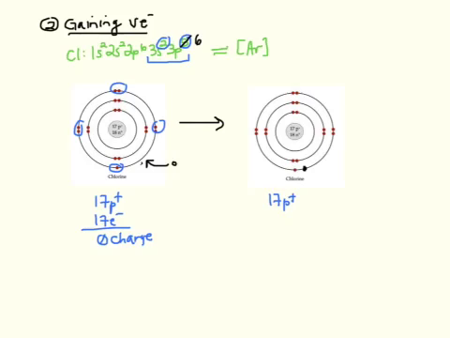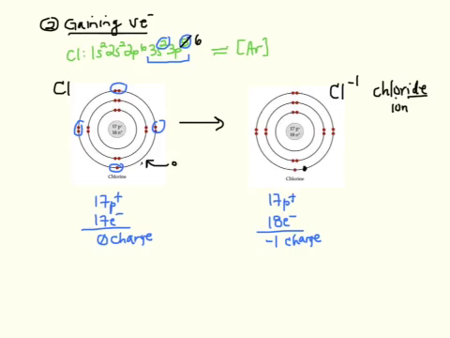Nothing happened to its nucleus. But now it has 18 electrons. And so 17 positives plus 18 negatives ends up giving this thing a -1 charge. And so it has ionized to go from being a chlorine to a chlorine with a -1 charge. And we call this a chloride ion.